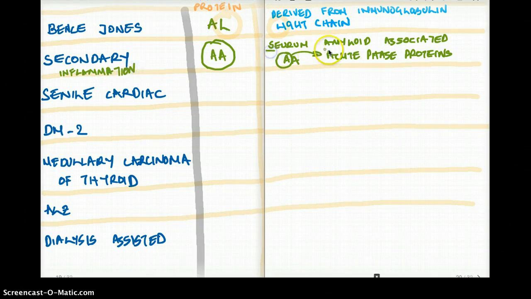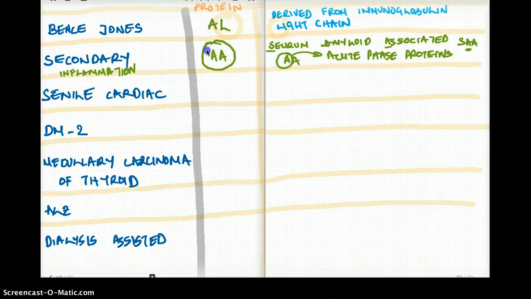Now, serum amyloid associated, or SAA, is what it stands for. The A is coming from acute phase proteins, and this abnormal AA is derived from this serum amyloid associated protein, right? And I already mentioned that this is due to inflammation and due to acute phase proteins.